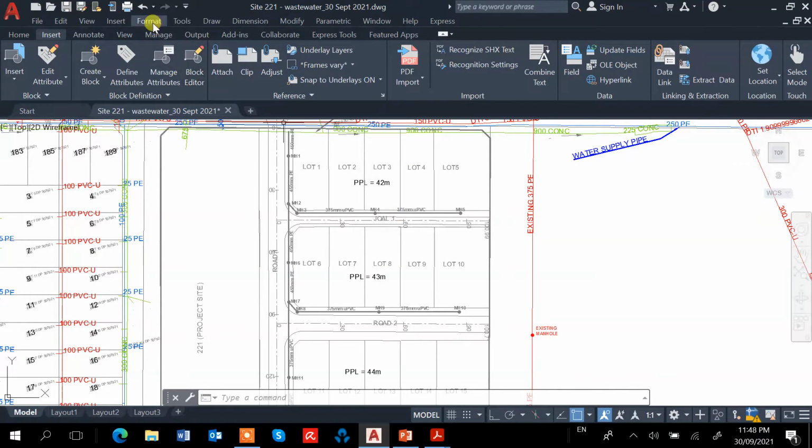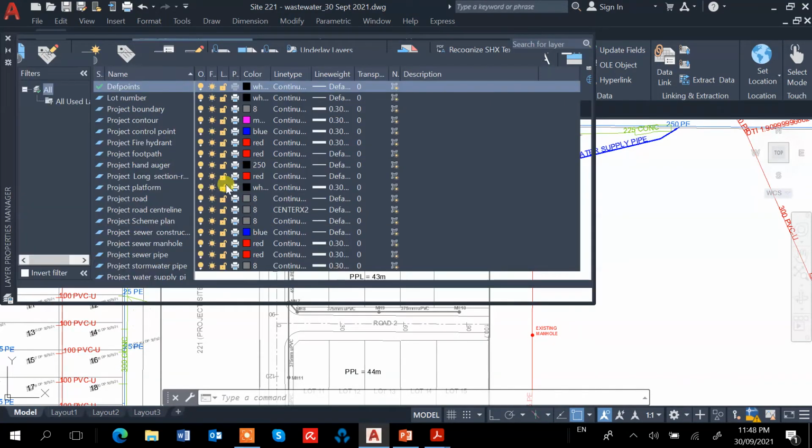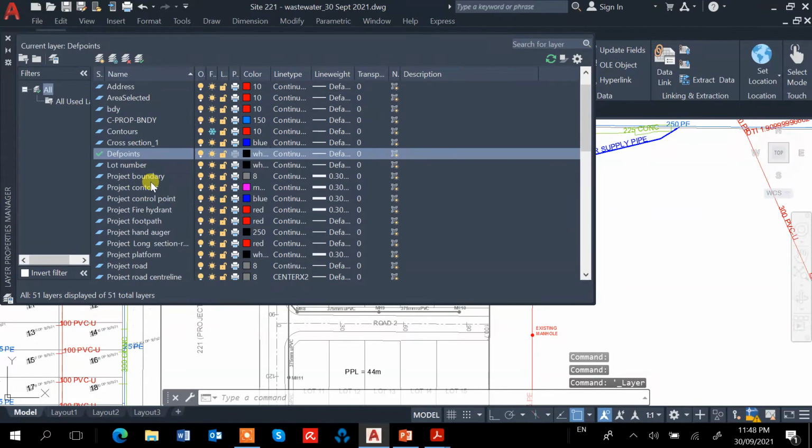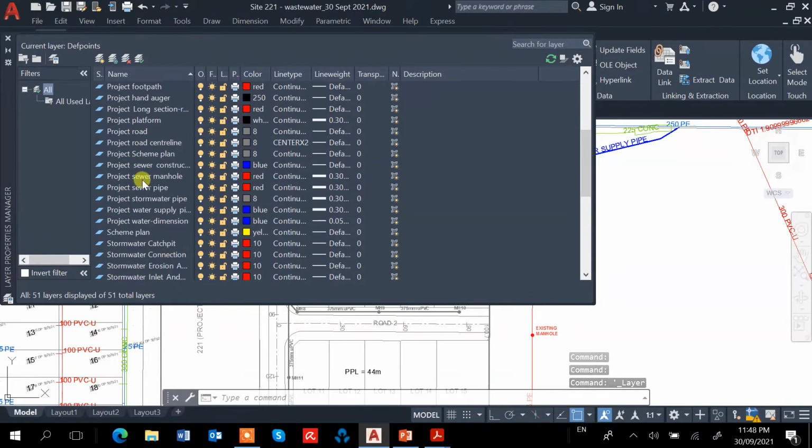I'm going to check what my current layer is. I want to use the project sewer pipes layer. The sewer pipes color is red, and the line is red as well. It's 0.3, so it's going to be quite a thick line. I made this current.